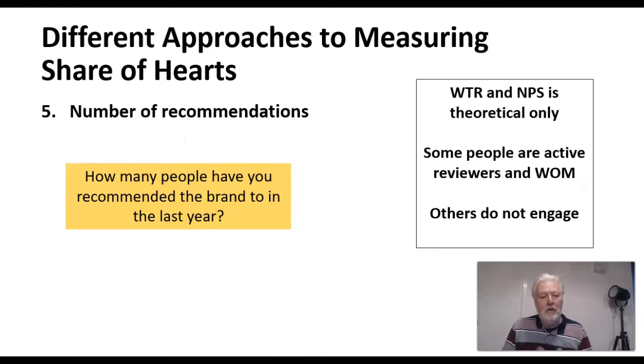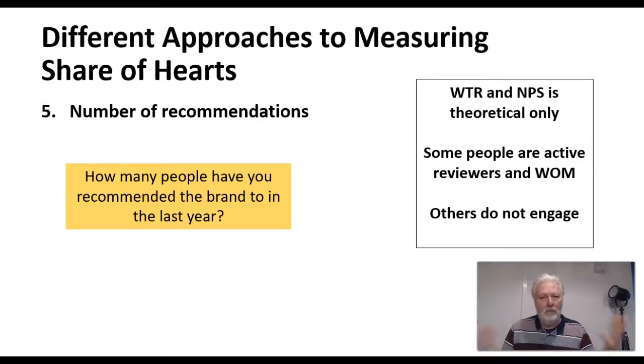Okay, number 5 is number of recommendations. Now, the problem with the last two, willingness to recommend and Net Promoter Score, is they're theoretical. What I mean by that is you're not asking, do you ever recommend? Do you do online reviews?